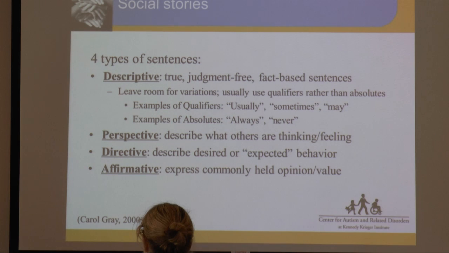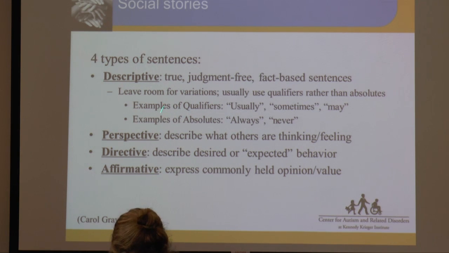What she recommends is that you use the descriptive and perspective sentences a lot more than the directive sentences, basically because we don't want to always be telling kids, this is what you should do. It feels a little too directive, I guess.